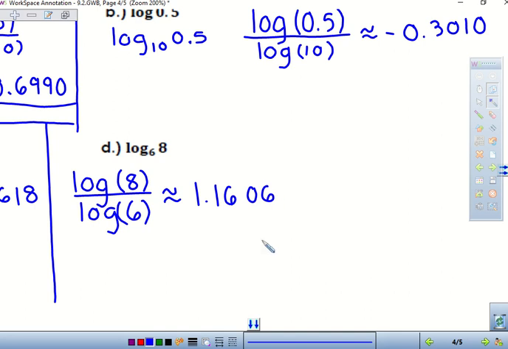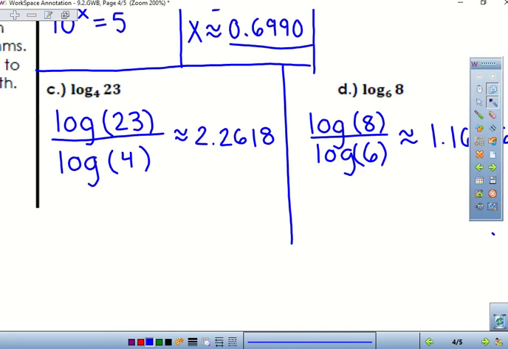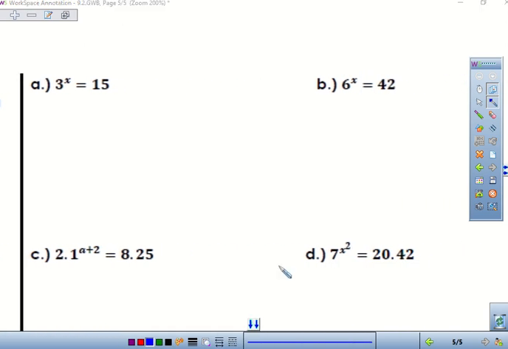All right, so now that you're good with the log operations, we're going to talk about how to solve equations using this method. Here's what we do. I don't know what number I can put 3 to the power of that's going to give me 15, so this is where logs come into play. Whenever you're looking for a missing exponent, that's what logs are useful for. We learned yesterday how we can rewrite this as a logarithmic equation.